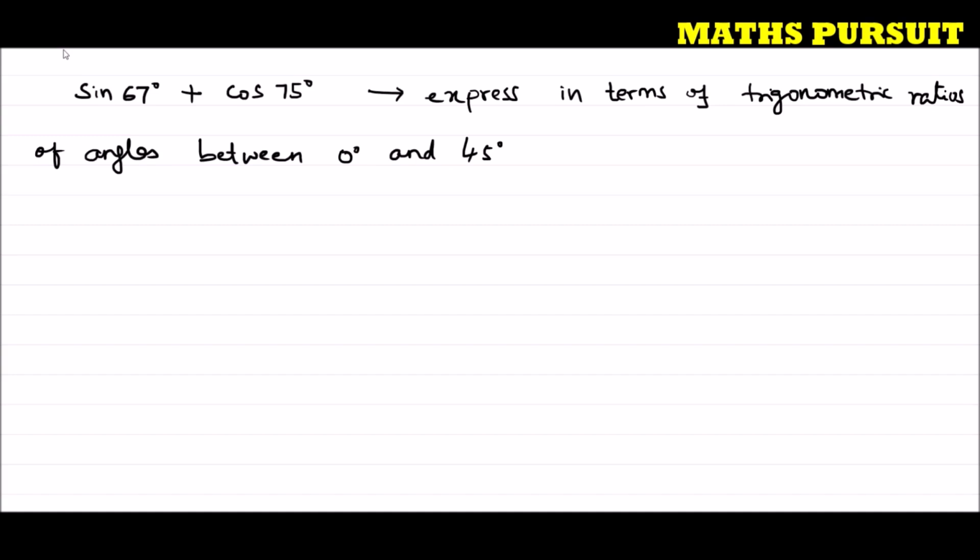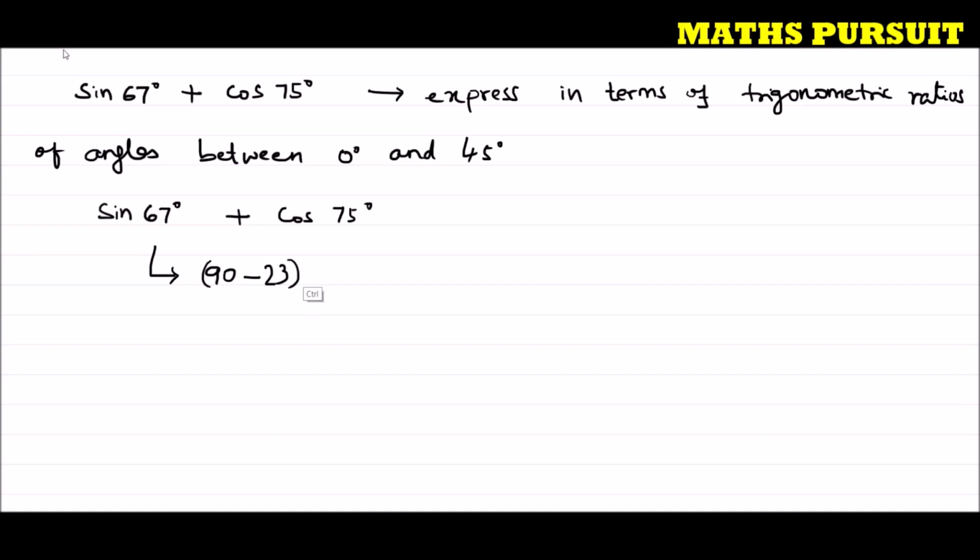We very well know that trigonometry revolves around the right angle triangle, that is 90 degree. So sine 67 degree plus cos 75 degree. 67 degree is nothing but 90 minus 23. I can write 67 as 90 minus 23.